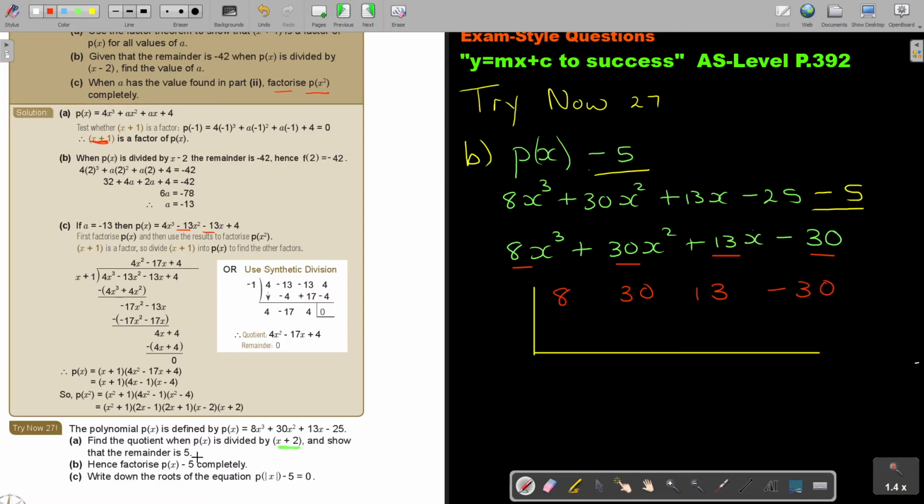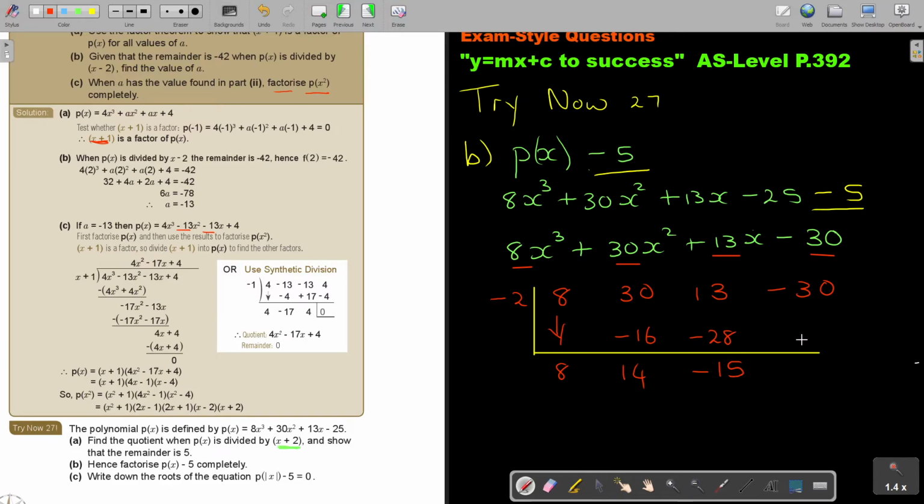And what is my factor? It's minus 2. If I bring this one down, it's 8. If I multiply, I get negative 16. It's almost like the one I had, can you remember? So I get 14. If I multiply, I get negative 28. And then I see that was negative 15, can you remember from the previous one?